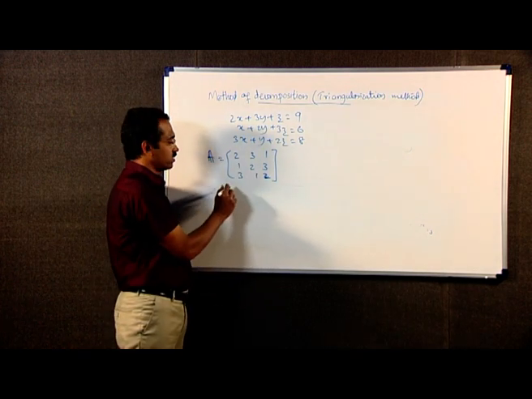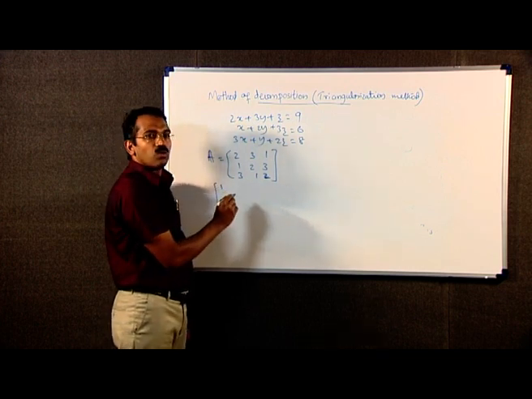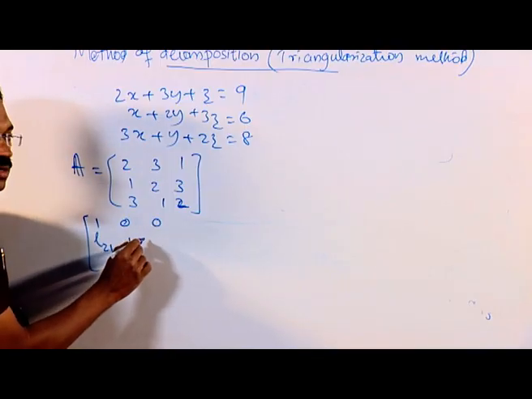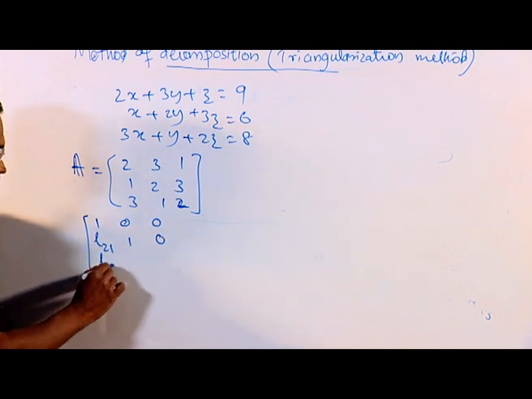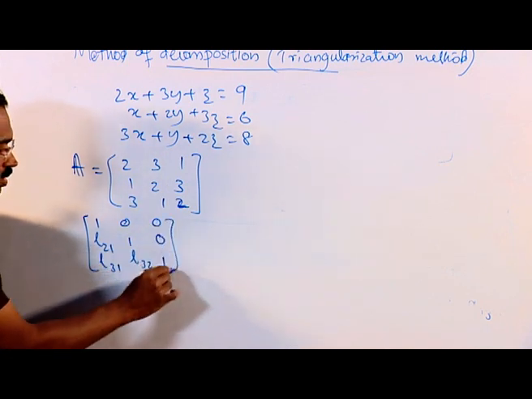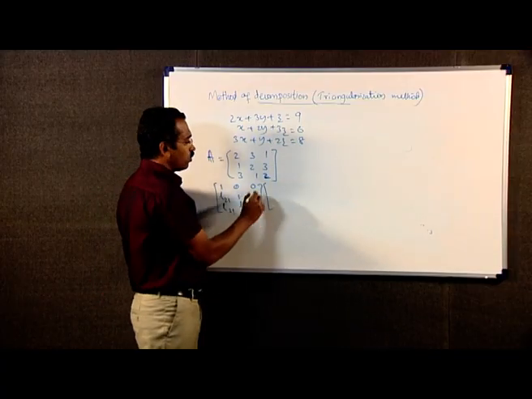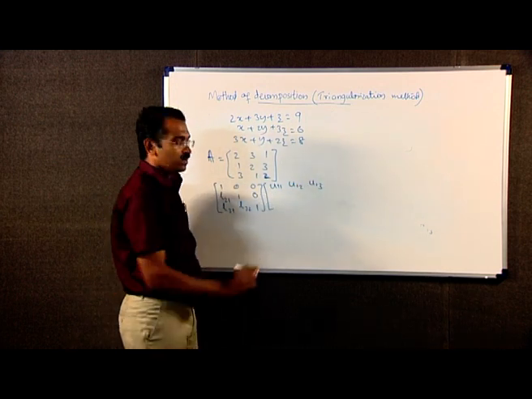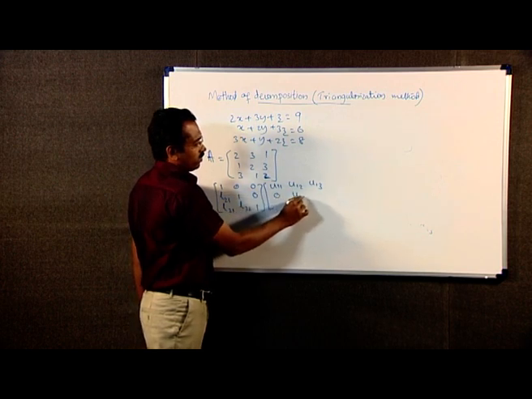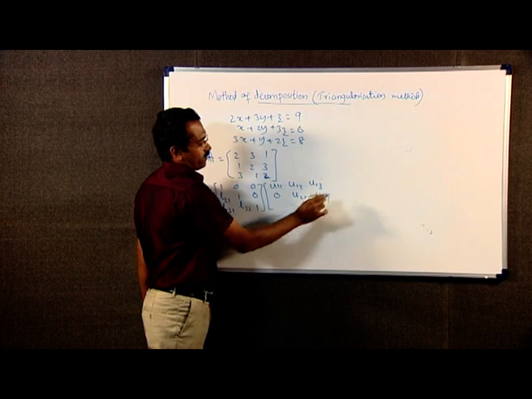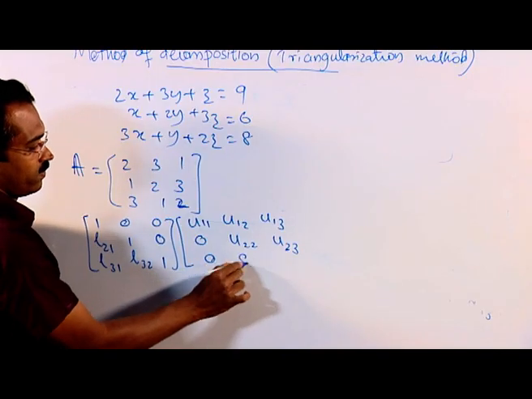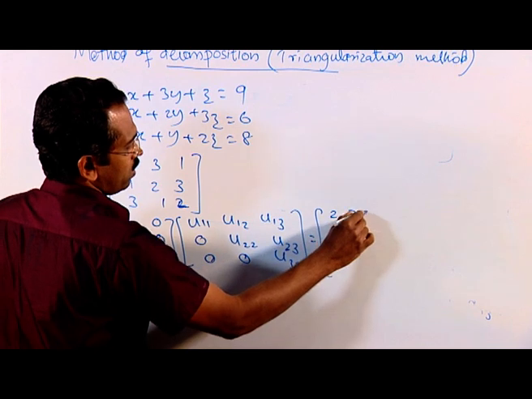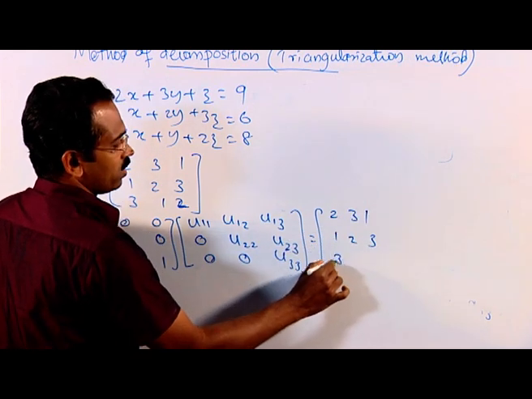We can write it like this: 1 0 0, L21 1 0, L31 L32 1, into U11 U12 U13, 0 U22 U23, 0 0 U33, is equal to the coefficient matrix 2 3 1, 1 2 3, 3 1 2.